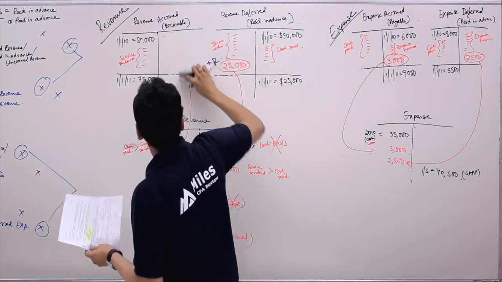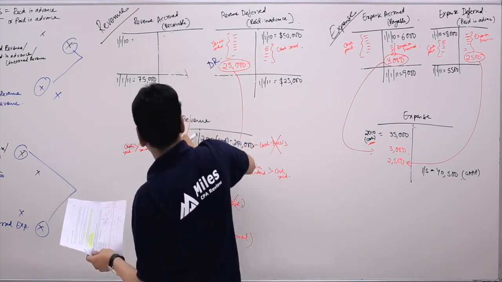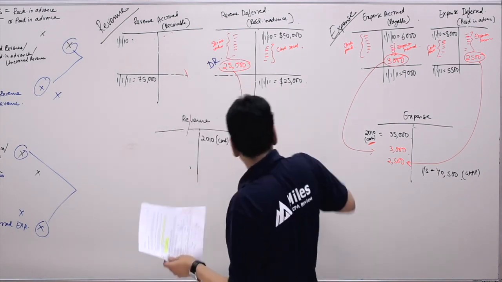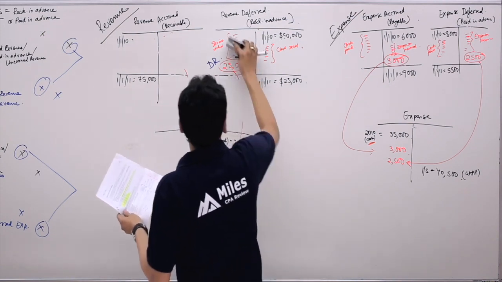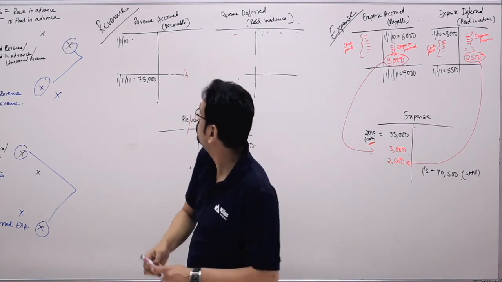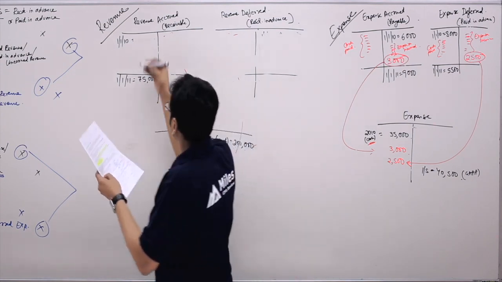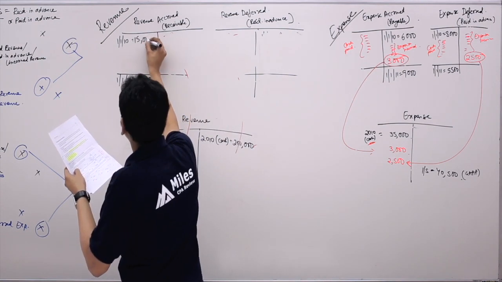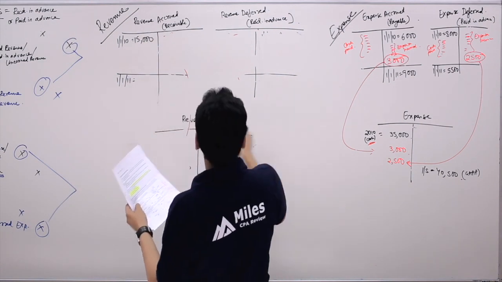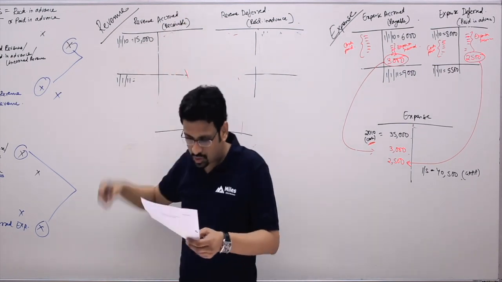So it says the beginning balance for accounts receivable is $15,000. Accounts receivable, accrued revenue receivable. So that was 15,000 in the beginning of the year.